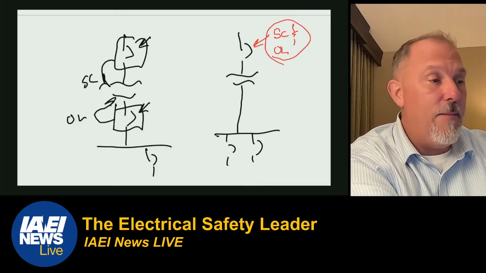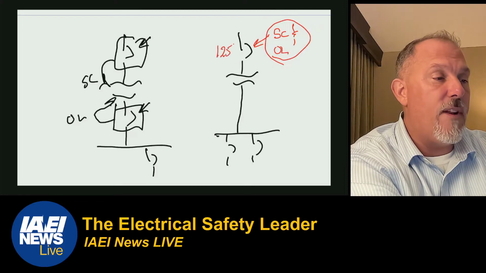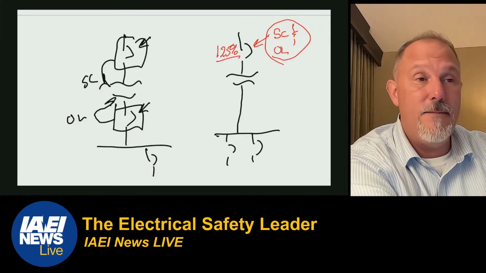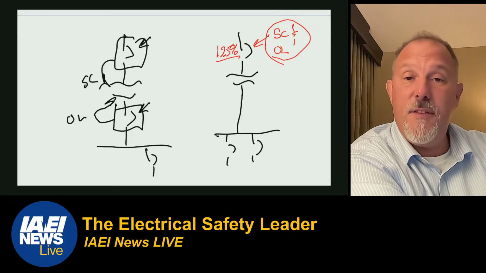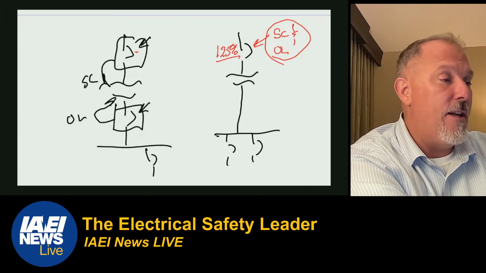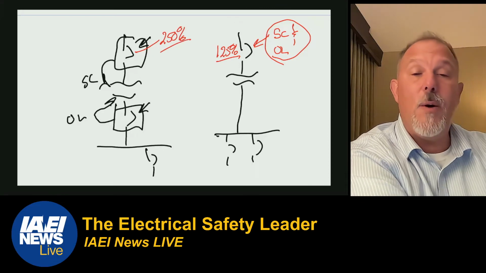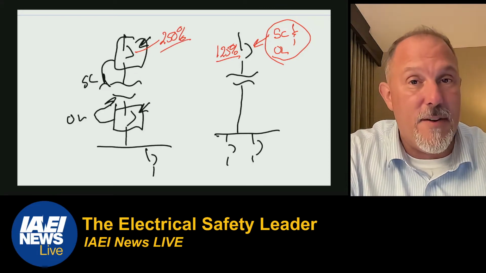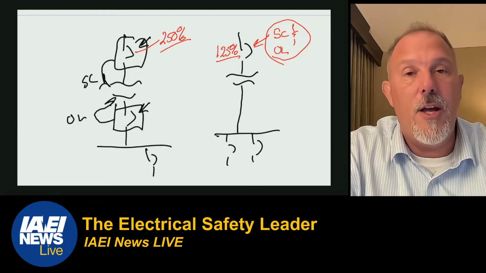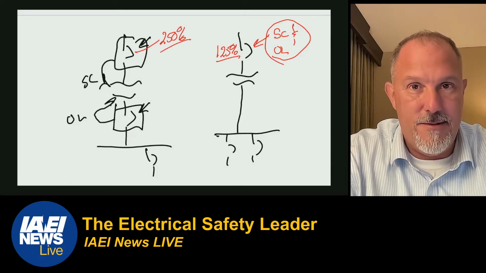If you look at the tables, this is 125% you can't exceed. When I give primary and secondary protection, this device can go up to 250%. Why is that? Because that primary device is not giving me overload protection.